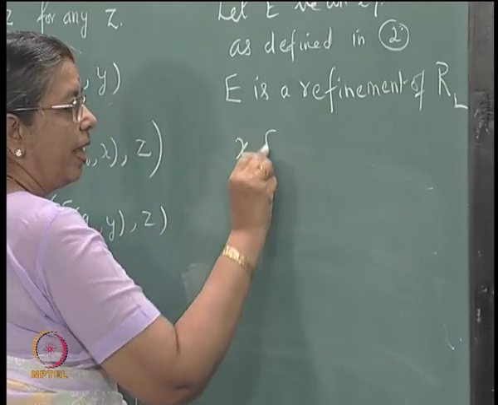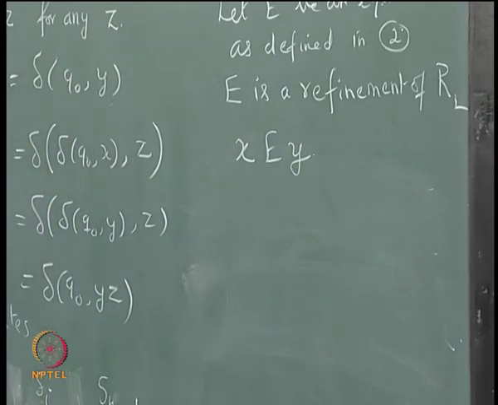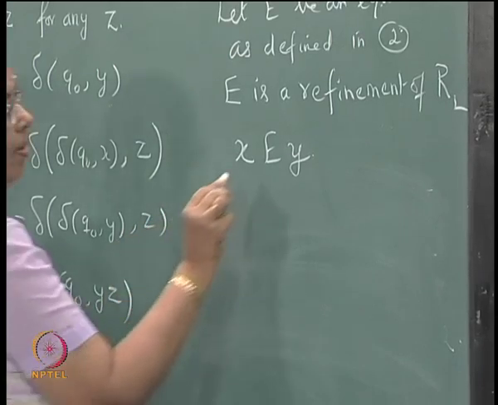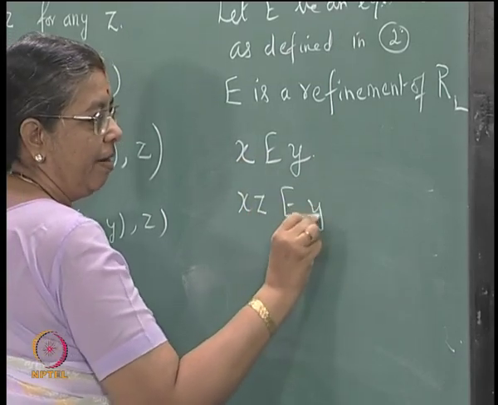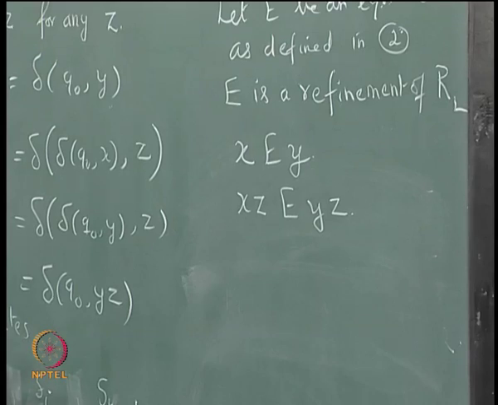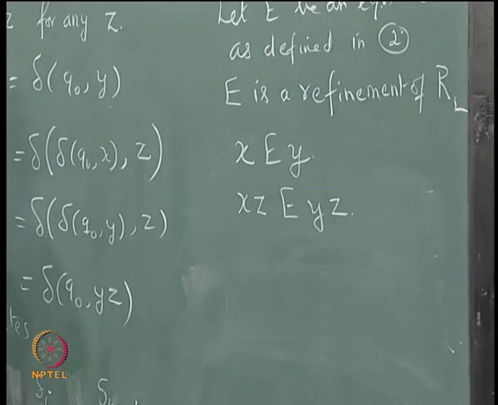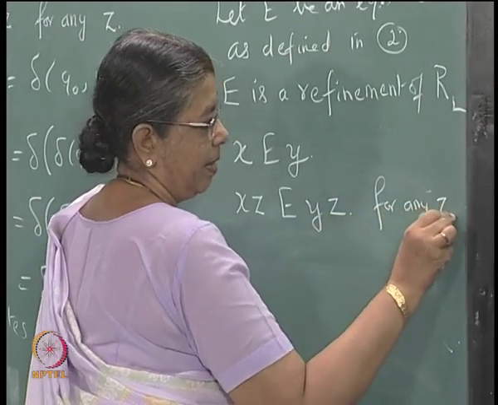Now, you have x E y, that is x and y belong to the same equivalence class of E. Then what can you say about xz? It is right invariant. So, xz is related to yz by E, because E is right invariant. Is that clear? This is for any z belonging to sigma star.